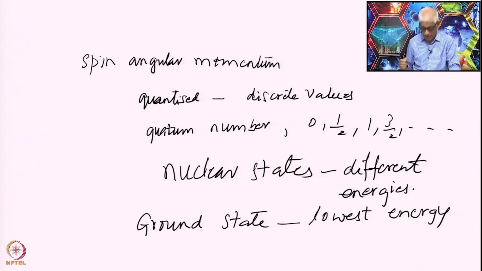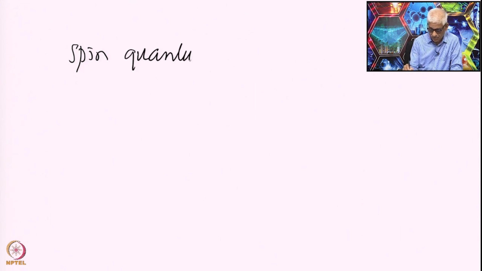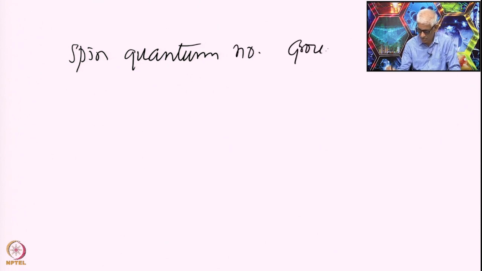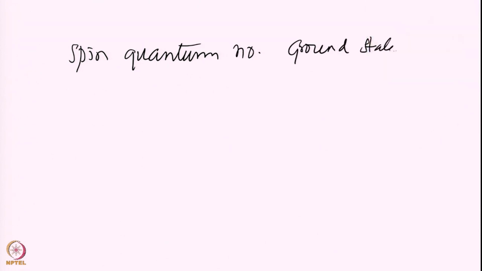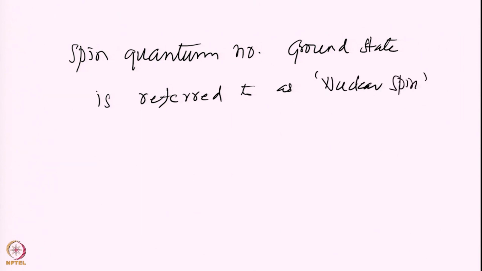And the spin quantum number corresponding to the ground state is referred to, in common language, as nuclear spin and is represented by the symbol I. Angular momentum is obviously a vector and nuclear spin is a value which is a number.